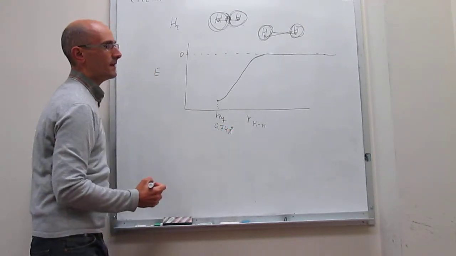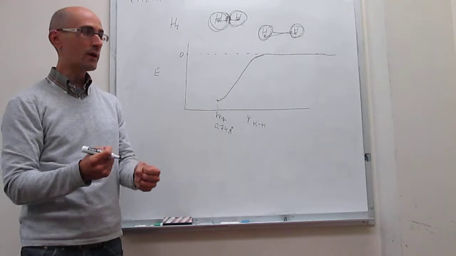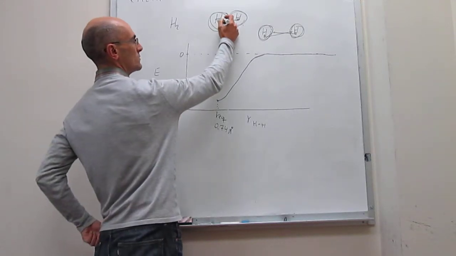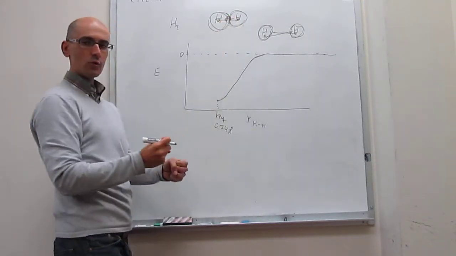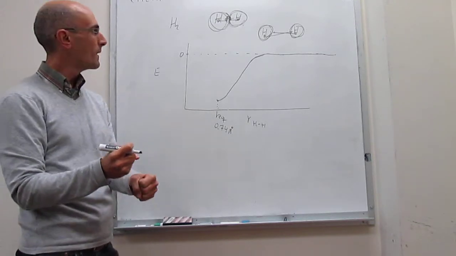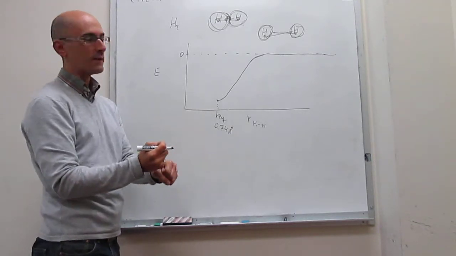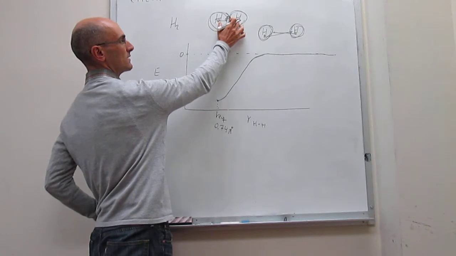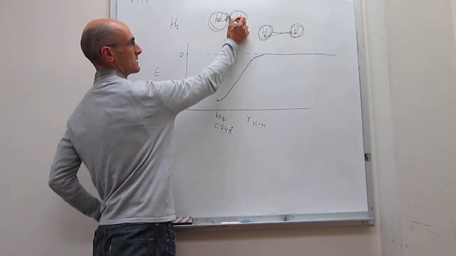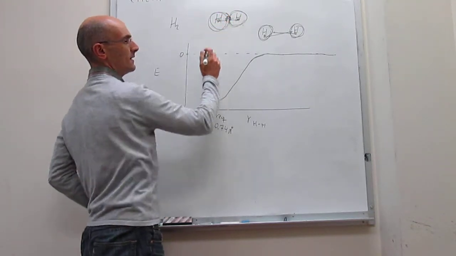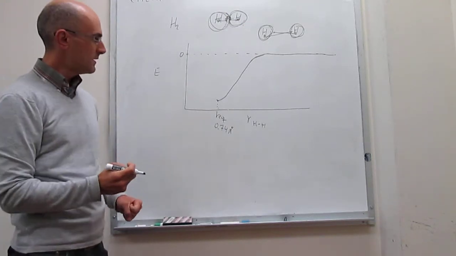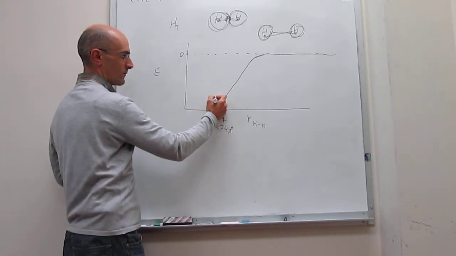Great. Now, what happens if we get to the equilibrium distance, which might be represented by this situation, and then we decide to continue to bring the atoms together? Well, the atoms will be sufficiently close that the protons in the two nuclei start to repel each other, such that the energy actually turns over right here.